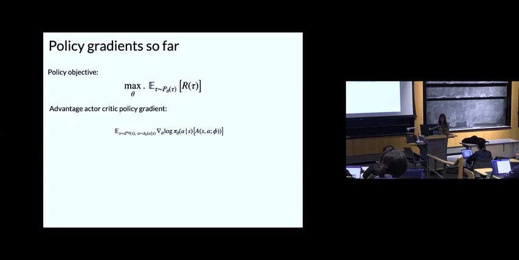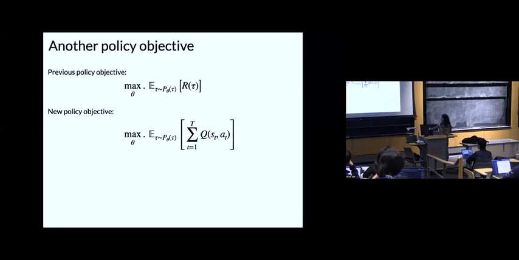And the question that I have today is the following. Imagine that instead of trying to maximize rewards or returns of trajectories, we try to maximize the Q functions, the Qs of the different states and actions.